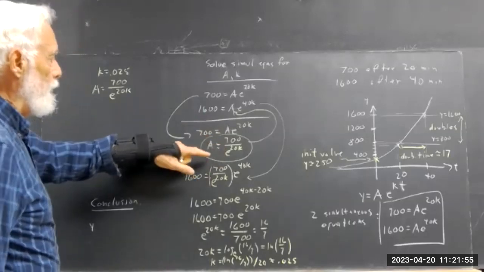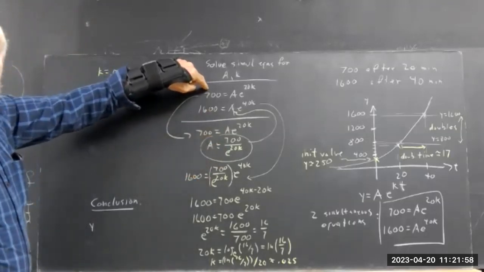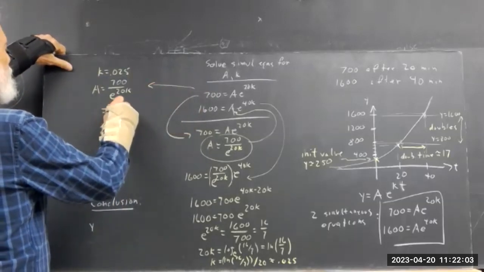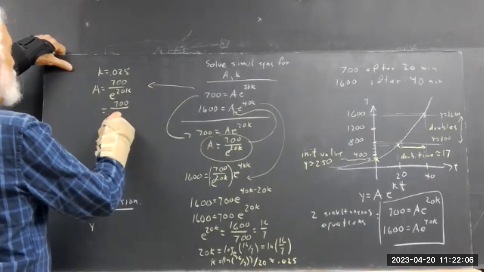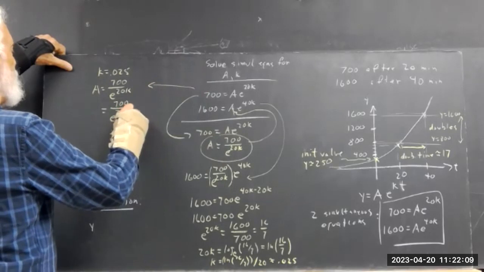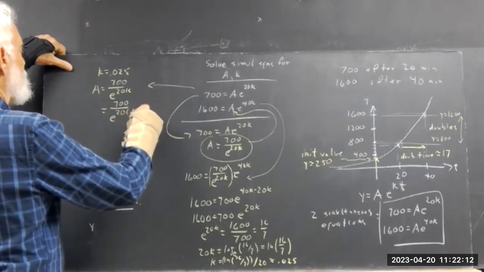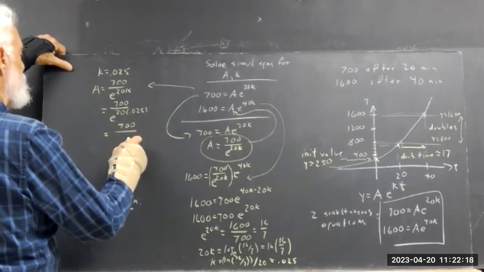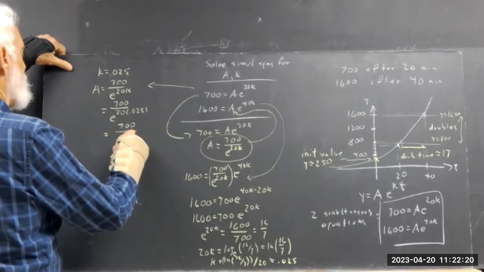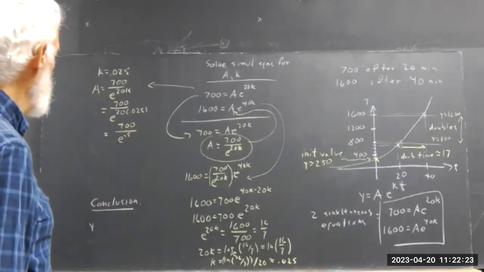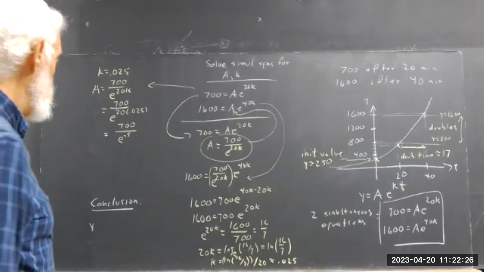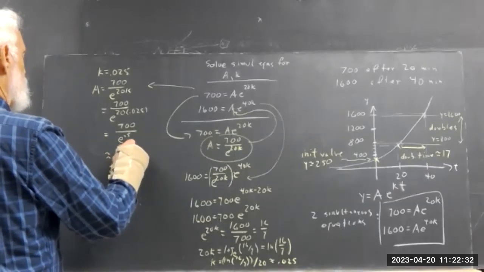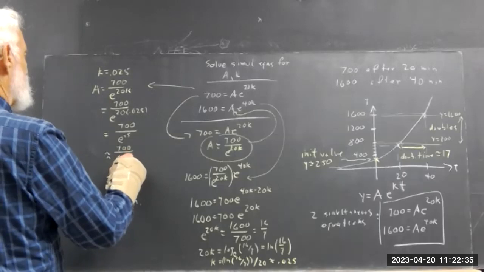Remember, A was 700 over e to the 20k, which is just equivalent to the first equation. This equation tells us this: 700 over e to the 20 times 0.025, which would be 700 over e to the 0.5, which is 700 over about 1.66 maybe.